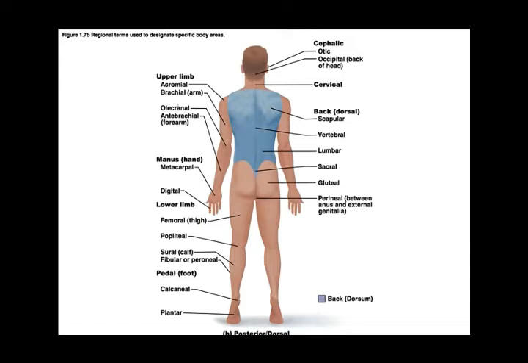Now, coming to the posterior or dorsal part of the human body, we will discuss what regions are lying there. But for discussing these regions, you might have seen there is a slight variation in our anatomical position. Instead of placing our feet on the ground, you can see clearly in the diagram that our feet are slightly raised.